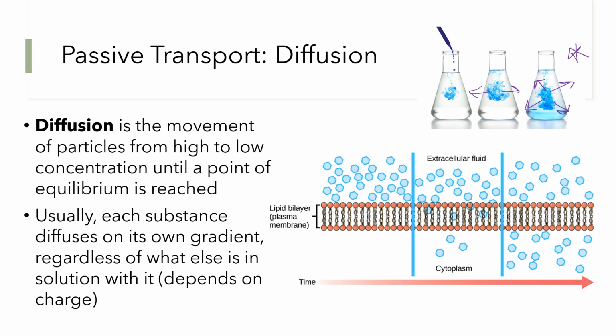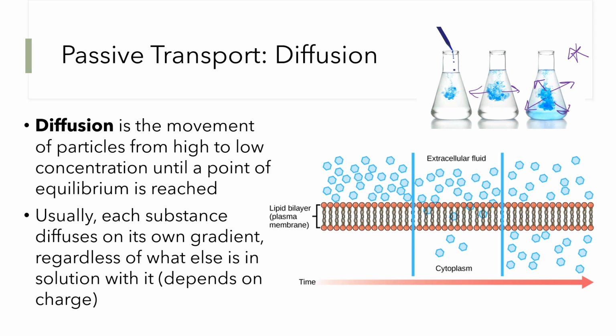Now, in our cells, each material is going to diffuse down its own concentration gradient. What do I mean by that? If I have a bunch of salt and a bunch of sugar and a bunch of some lipid, each of those does not care about the other.